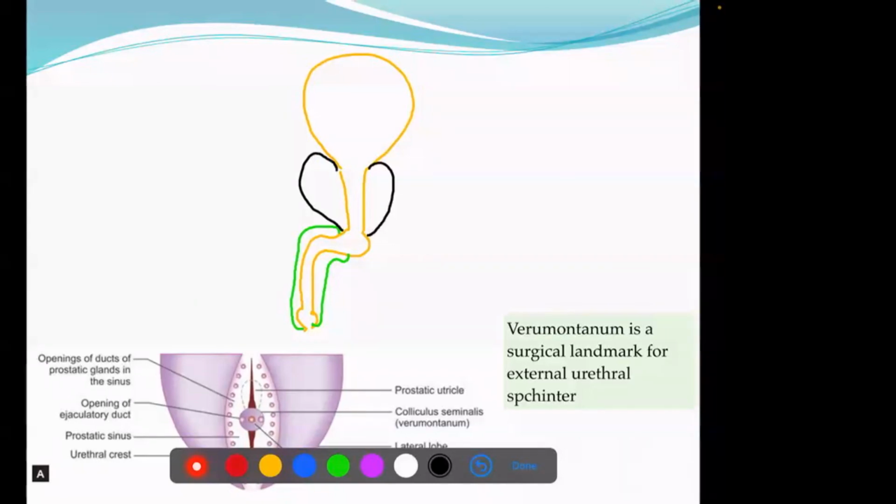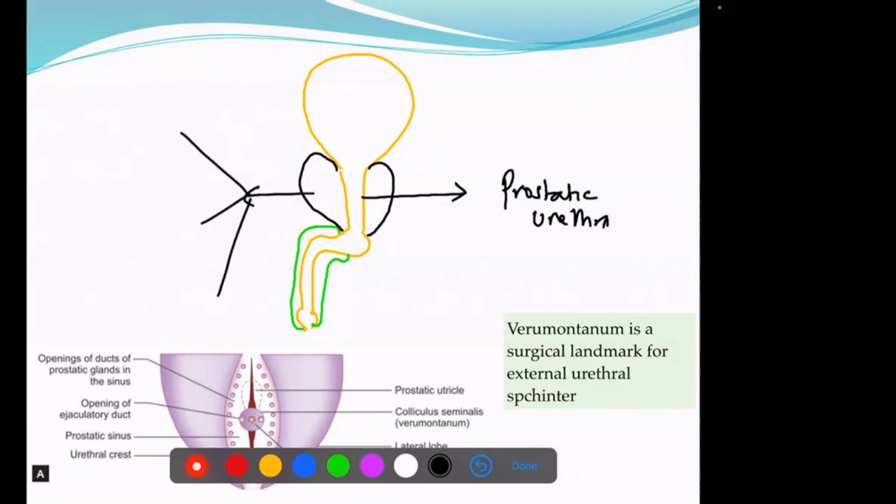You can see here the urethra that passes through the prostate is known as the prostatic urethra. If you see the composition of a prostate, it is composed of three components: fibrous, smooth muscle, and glands.